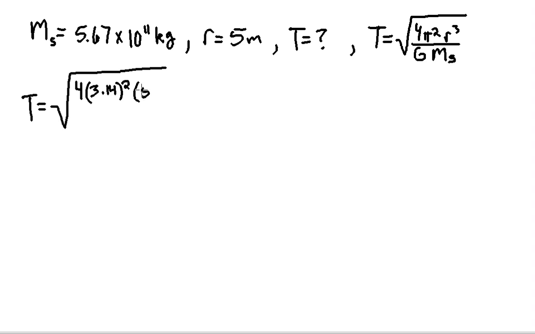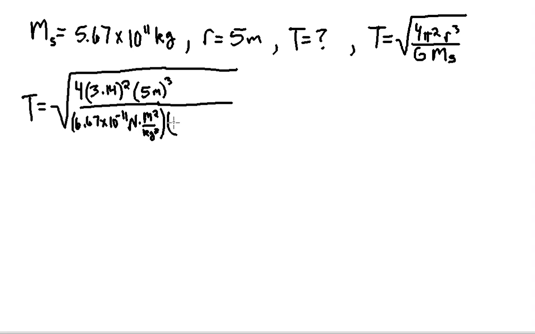Multiply by the radius, 5 meters cubed, divided by Newton's gravitational constant, so 6.67 times 10 to the negative 11 newtons times meters squared over kilograms squared, multiplied by the mass of the star, which is 5.67 times 10 to the 11 kilograms.